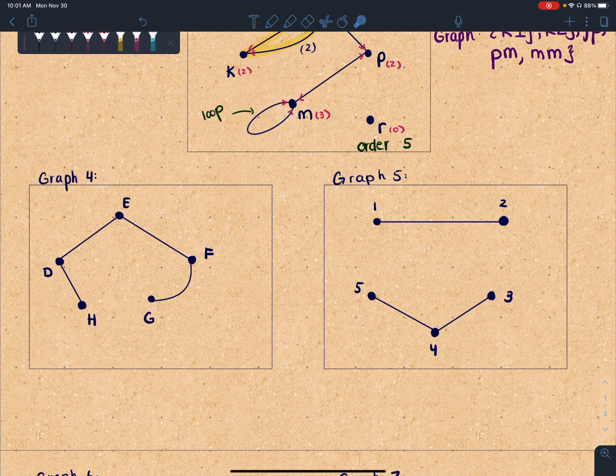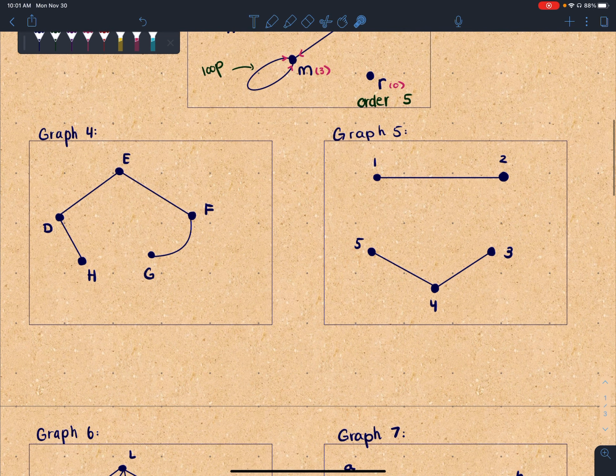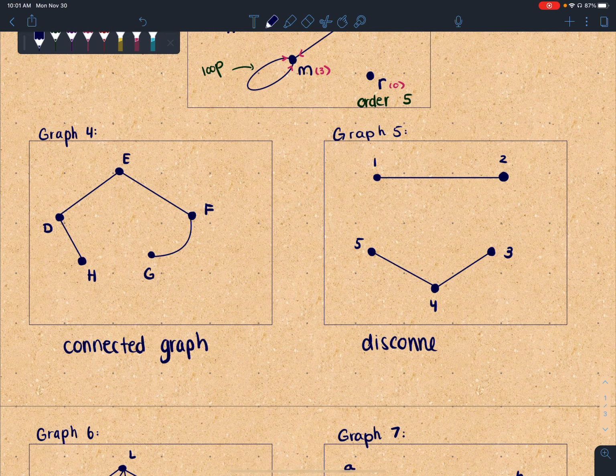Okay, for graph 4 and 5, I want to talk about the difference between what is called a connected graph and a disconnected graph. So with a connected graph, you need to be able to get from one vertex to any other vertex without taking your pen off the graph.